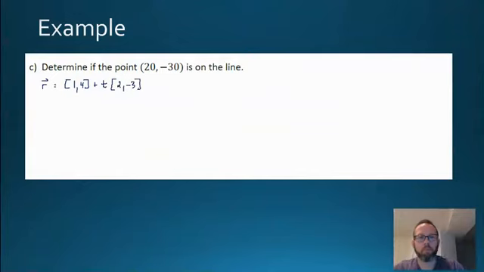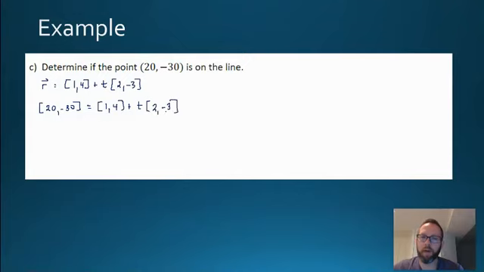All right. So what we want to see is, is there some value of t that gets us to the point (20, -30)? So basically, we're going to solve this vector equation. (20, -30) equals (1, 4) plus t times (2, -3). Is there a value of t that we plug in that gives us (20, -30)?